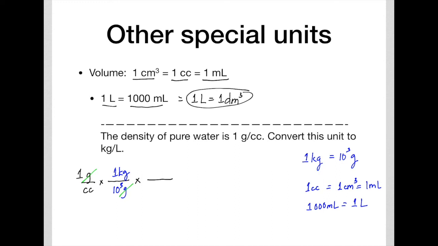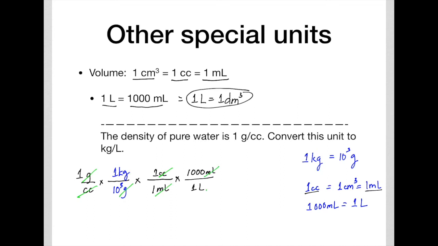So we're going to put my 1 cc here, that is 1 cc and then 1 ml, so 1 cc, 1 ml times 1000 ml, 1 liter. And therefore, I could now cancel the units: I have cc, cc, and then ml, ml. So the unit now is kilogram per liter.